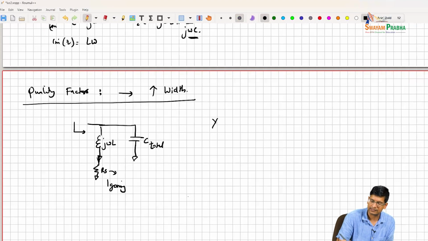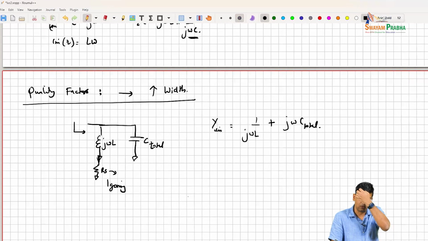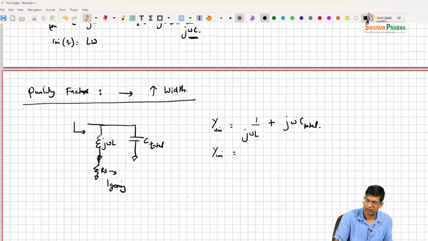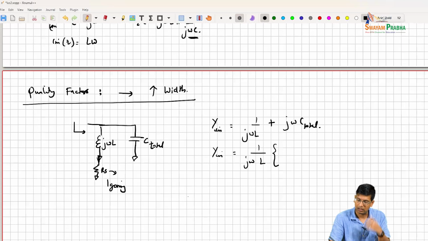So if I consider my Y in, my Y in is 1 over j omega L plus j omega C total. If I write this, I can write Y in as 1 over j omega L times 1 minus omega squared L C total.